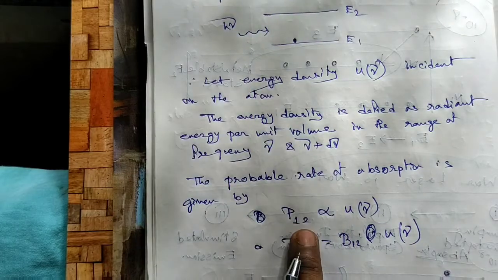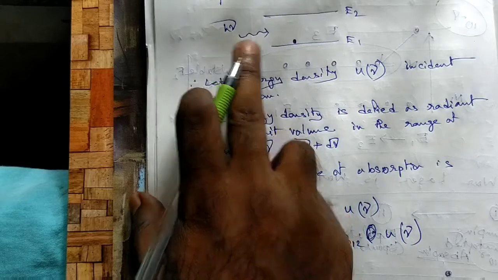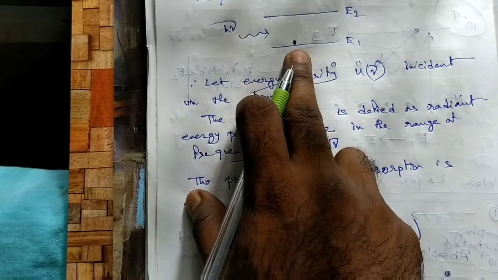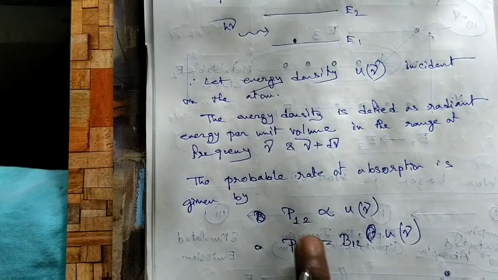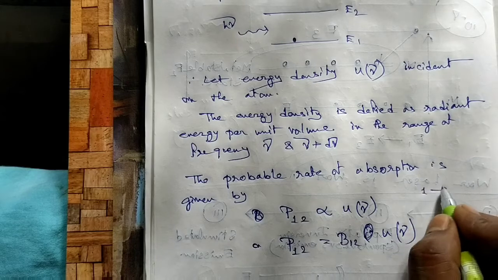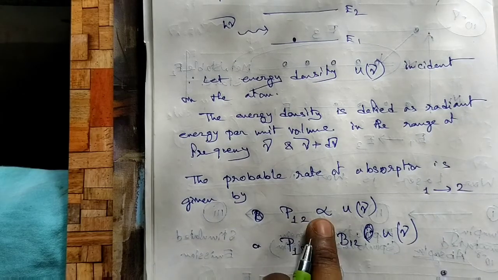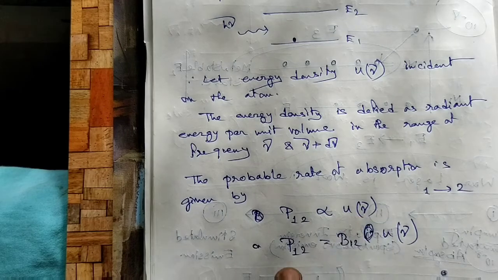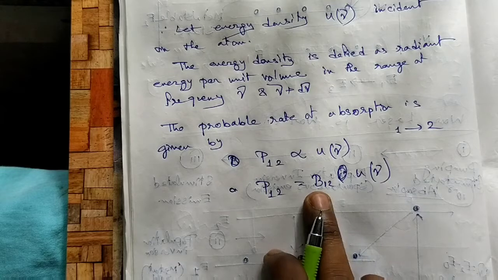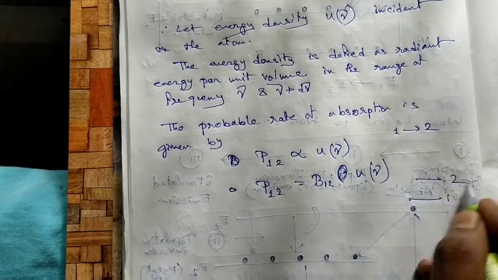That means P12, because the transition is from 1 to 2, because the atom is getting the energy from this photon and going from the lower energy state E1 to E2. That's why from state 1 to 2 we write the suffix P12, which is proportional to u nu, and the proportionality constant is also written as B12, because the transition is from state 1 to state 2.